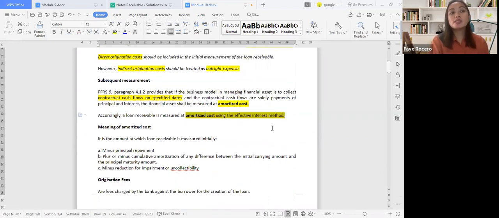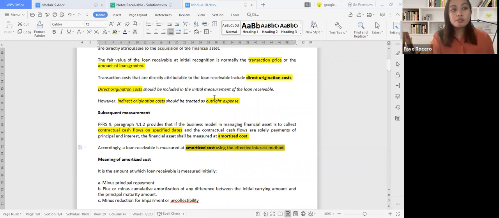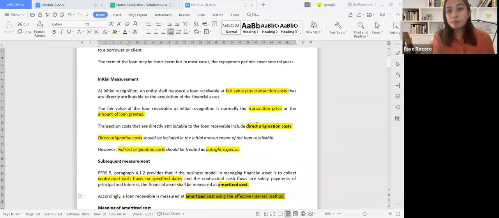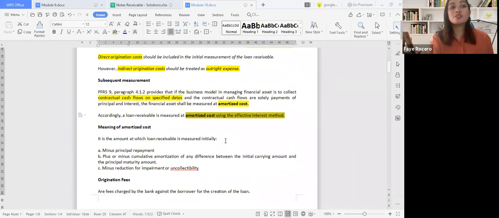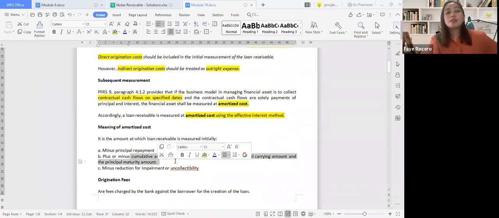What do we mean when we say amortized cost in the case of a loan receivable? So you have the initial measurement, fair value plus transaction cost, minus any principal repayment, plus or minus cumulative amortization of any difference between the carrying amount and principal maturity.